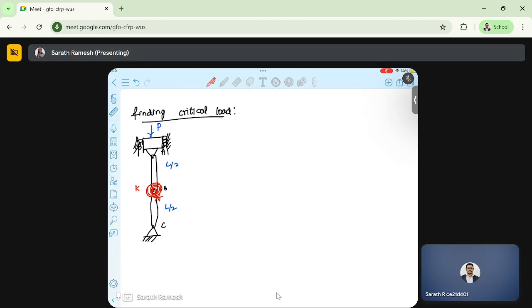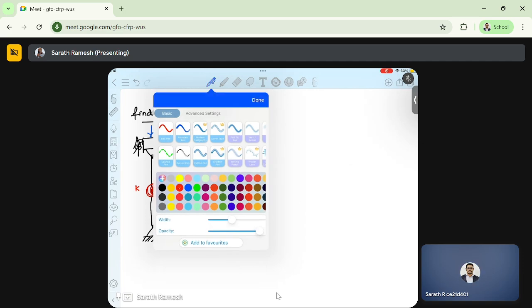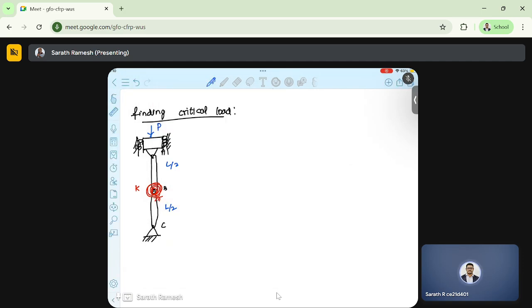Now we need to find this critical load. What do we mean by critical load? For some values of P, this body is going to come back to its stable position. After a particular point, it goes from stable to unstable equilibrium.